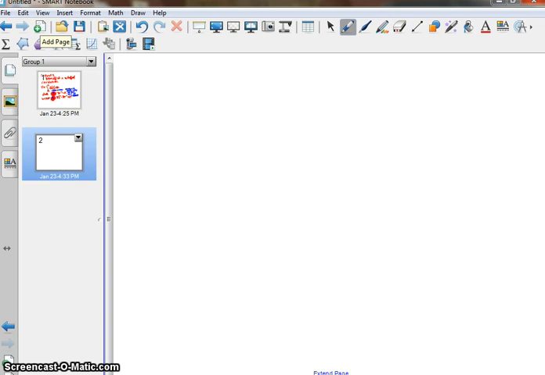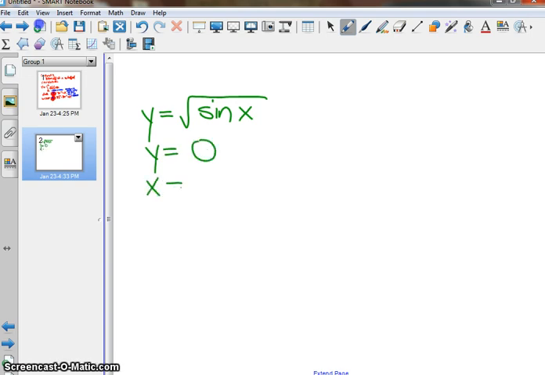Okay, so the problem: y equals square root of sine x is one function, y equals 0 is another function, x equals 0, and x equals pi. Those are your four functions.